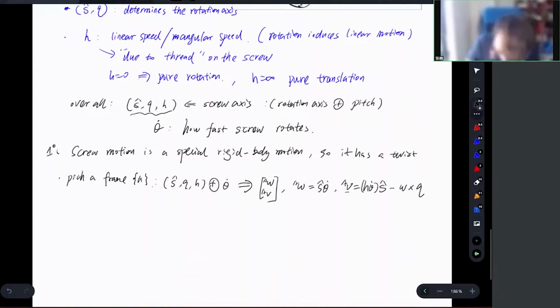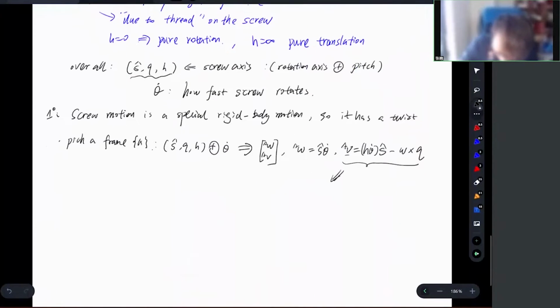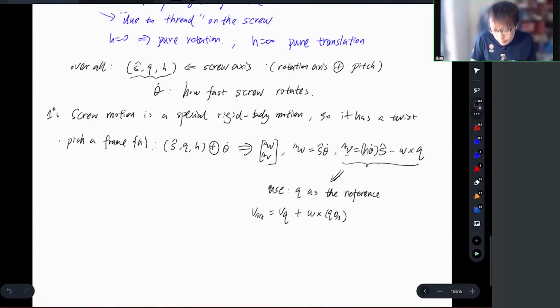So if I want to argue why this is the case, we can use Q as the reference point, because we know the velocity of Q. So V of O A equals V Q plus omega cross the vector from Q to O A, right? If you have a body fixed point currently coinciding with O A, then V O A is V Q plus omega cross this vector.